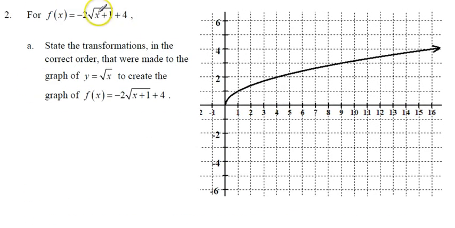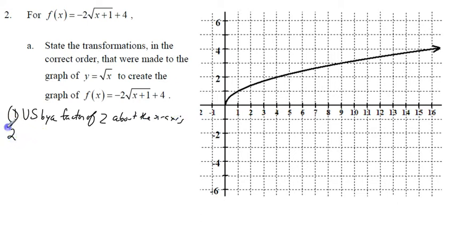Okay, so stretches first. Number 1, there's a vertical stretch by a factor of 2, and that's about the x-axis. Number 2, there's a reflection, so reflected about the x-axis.